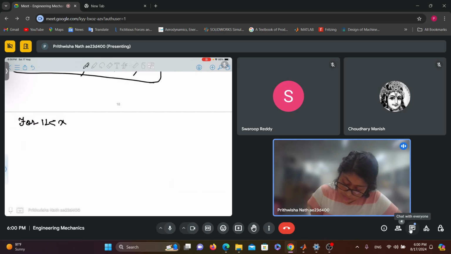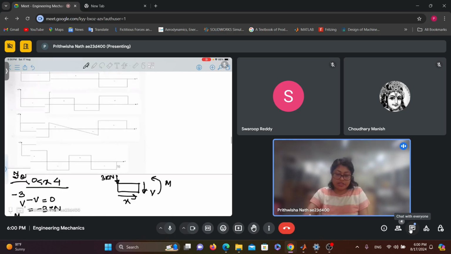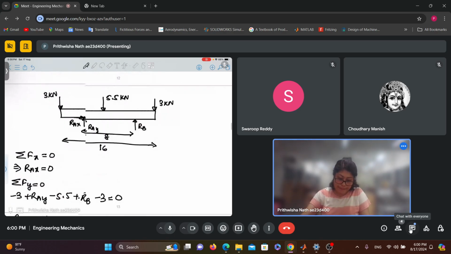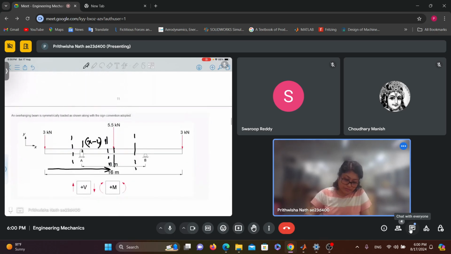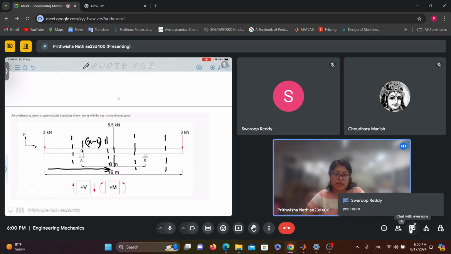x from 12 to 16. So for the last section, you can see from this figure, that means this section, right? Okay.